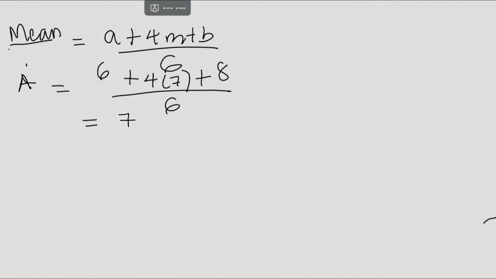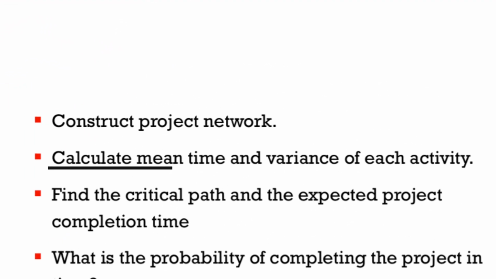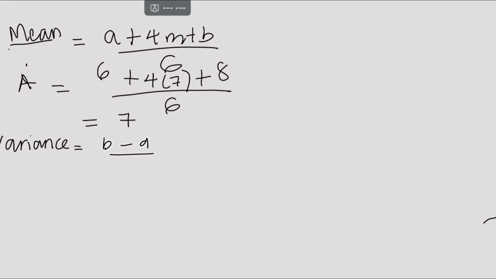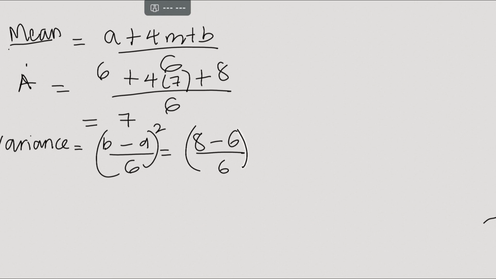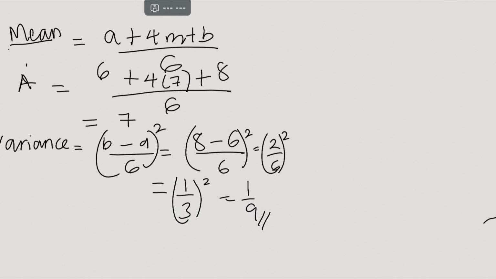We can go a step further to find the variance because they asked us to find it. Variance is B minus A over 6 all squared, which equals 8 minus 6, which is 2 over 6 all squared, which equals 1 over 3 all squared, which is 1 over 9. We can solve for B.